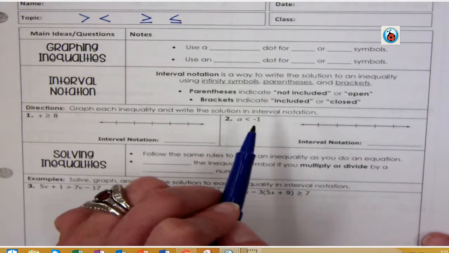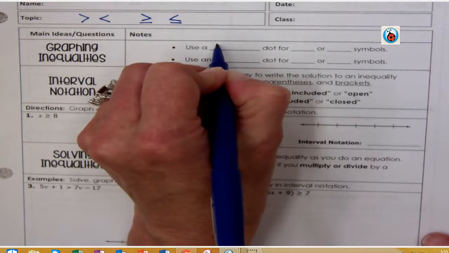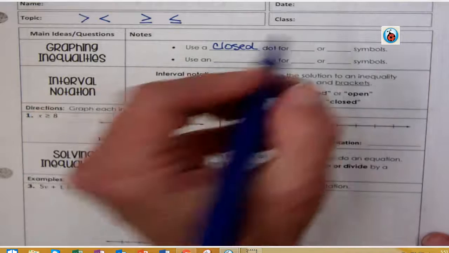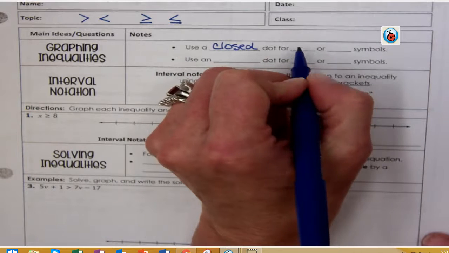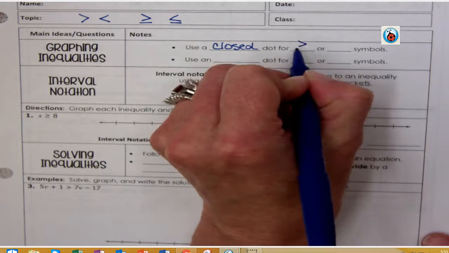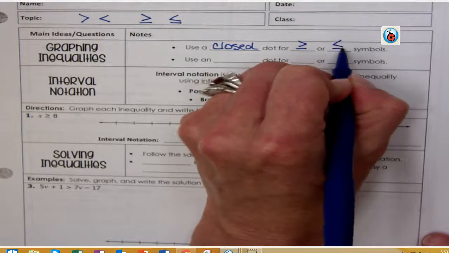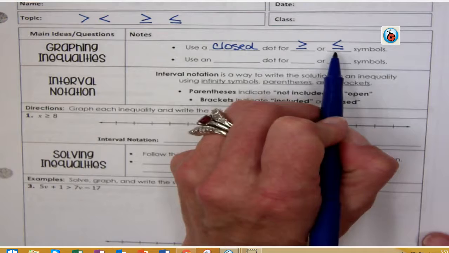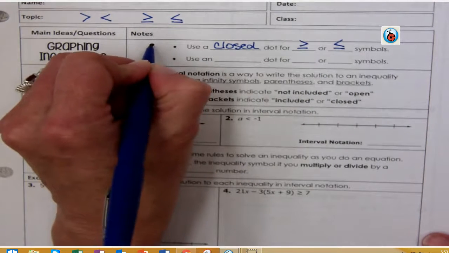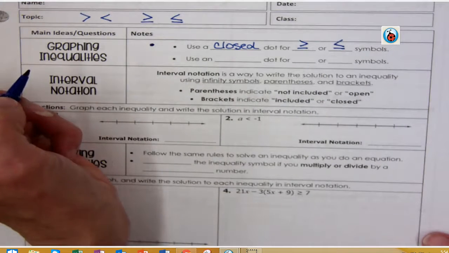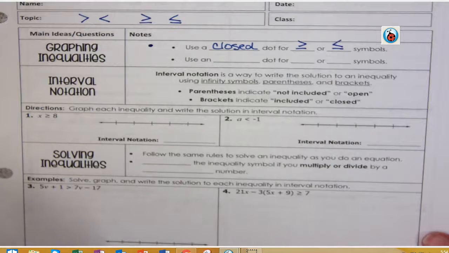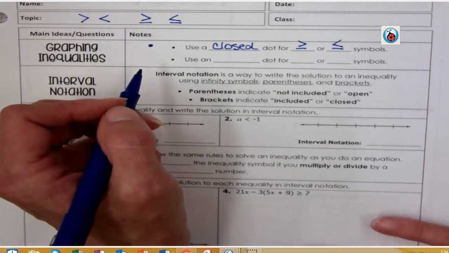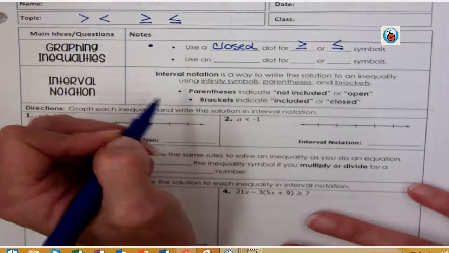When we're graphing inequalities, we're going to use a closed dot when you have a greater than or equal to or a less than or equal to. So anytime you have an equal sign underneath there, on the graph, whether it be a number line or an axis, it's going to be a closed dot.